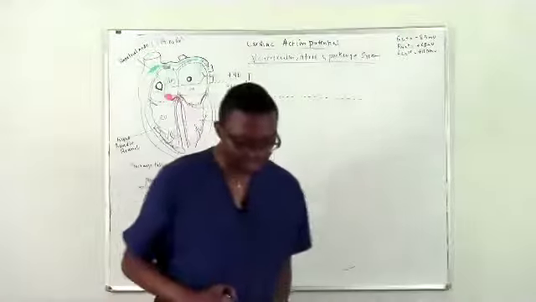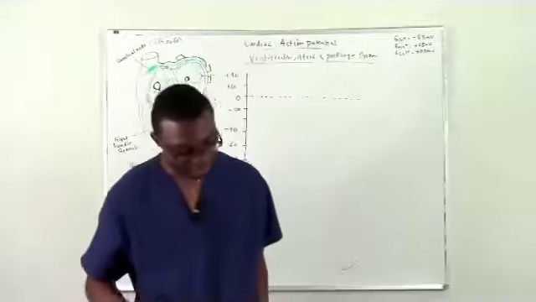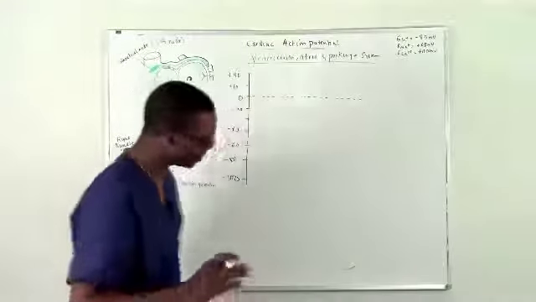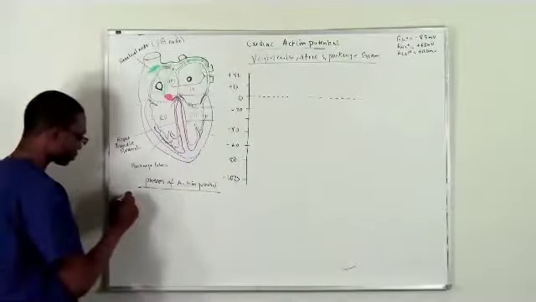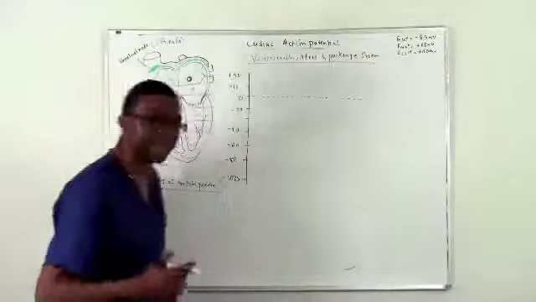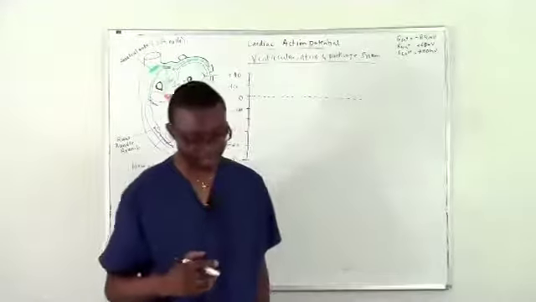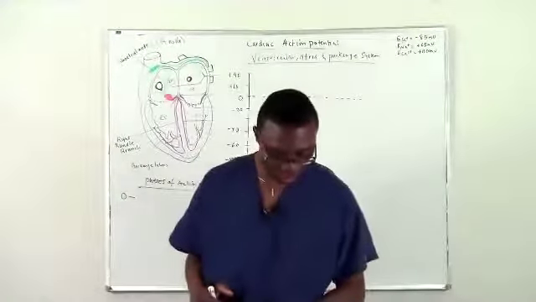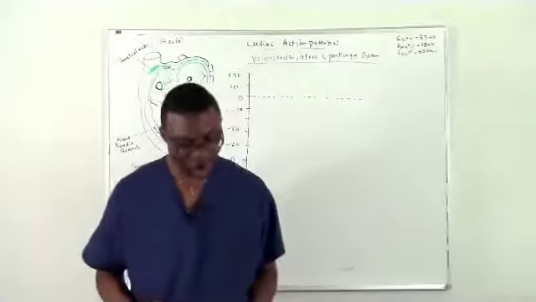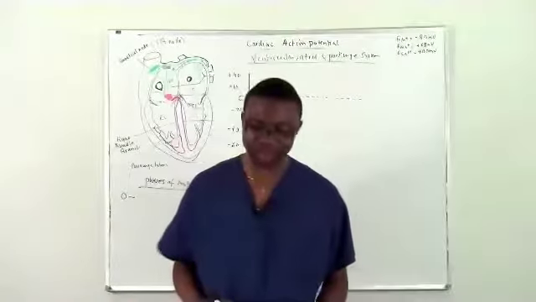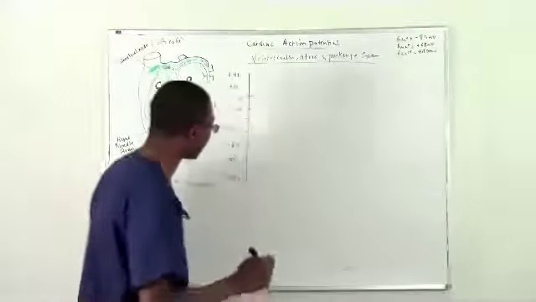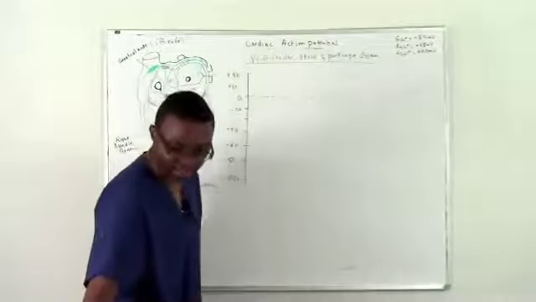So the first phase is known as phase 0. What happens in phase 0 of the action potential? Well, in phase 0, this is known as the upstroke potential. So what I'm going to do is start at negative 90.